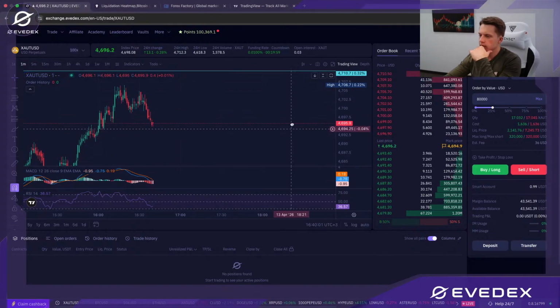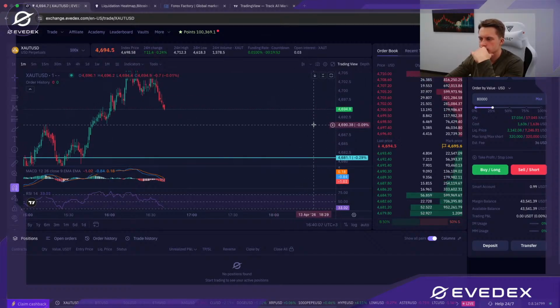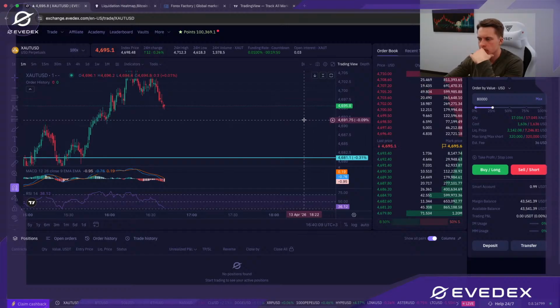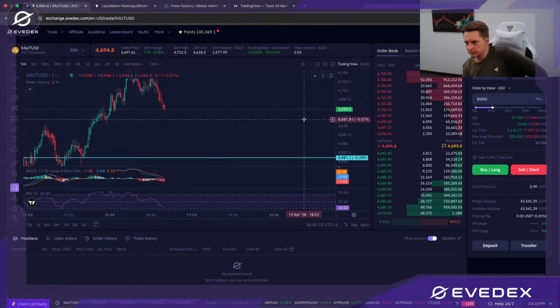Yeah, looks like we're going for that reversal. I'm not going to enter that trade, as we could get a bounce from a resistance level. So I don't want to be chasing momentum and going straight in for that trade.